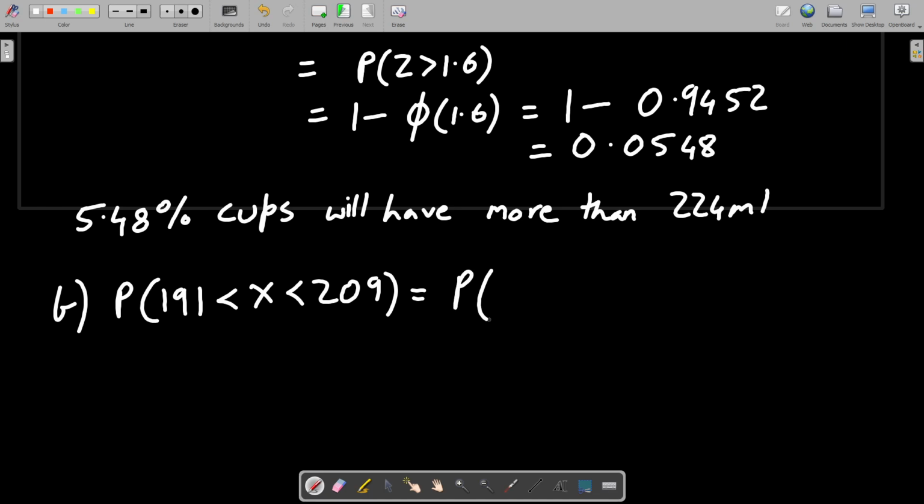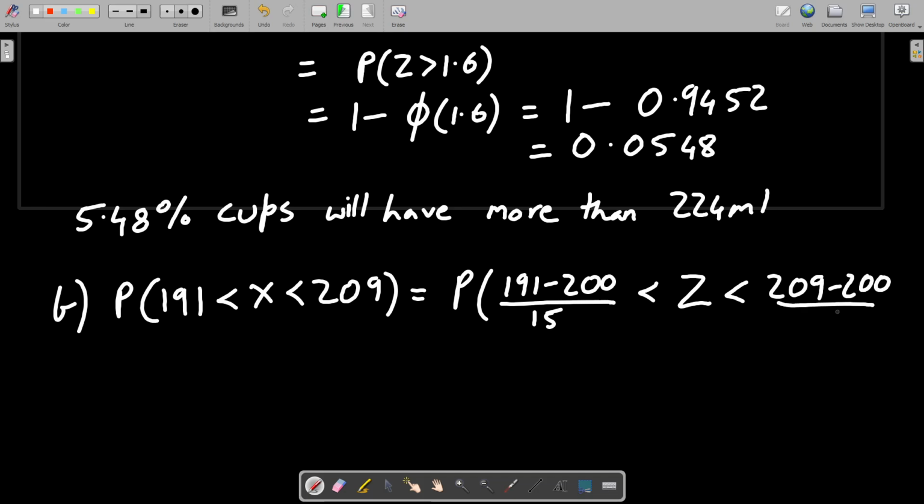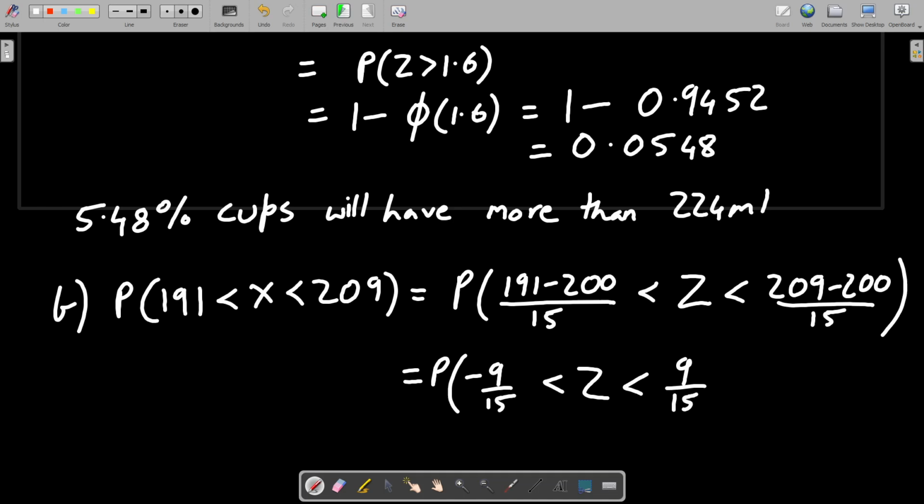So this is probability of 191 minus 200 upon 15 less than Z less than 209 minus 200 upon 15. So this is going to become probability of minus 9 by 15 less than Z less than plus 9 by 15. Okay, so 9 by 15, this is 3 by 5, that is 0.6.